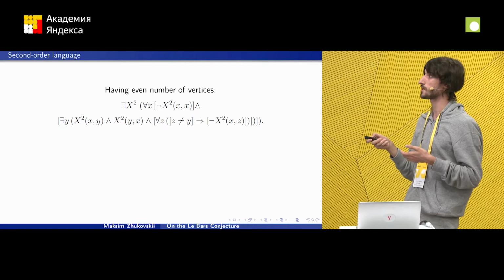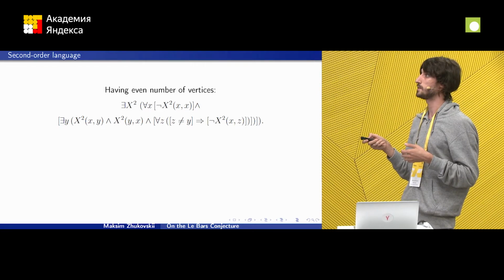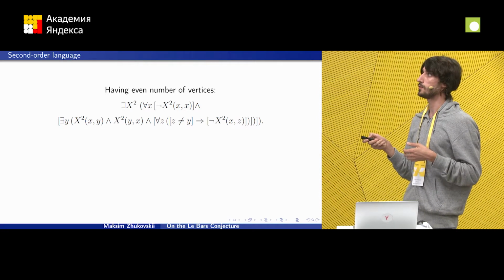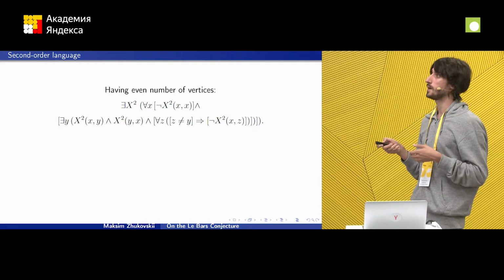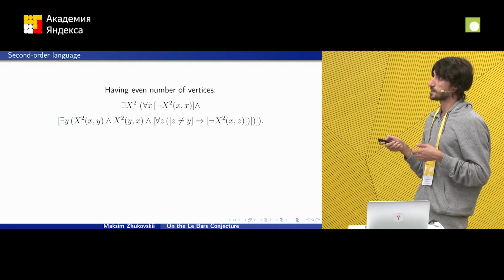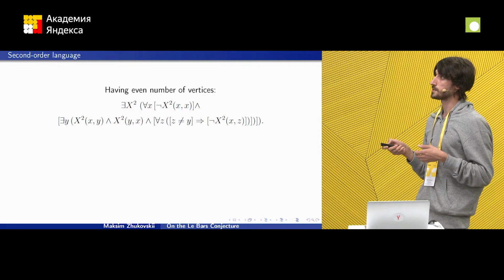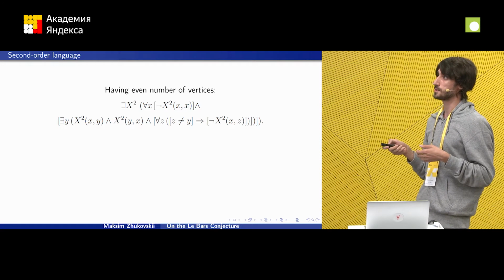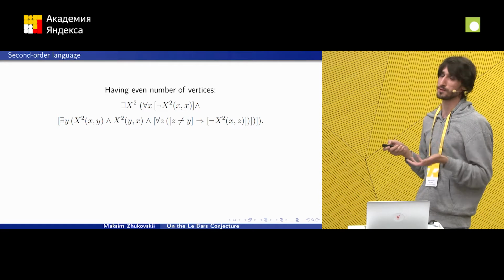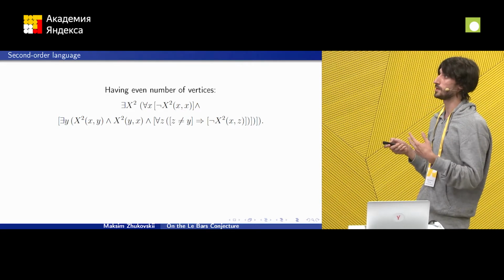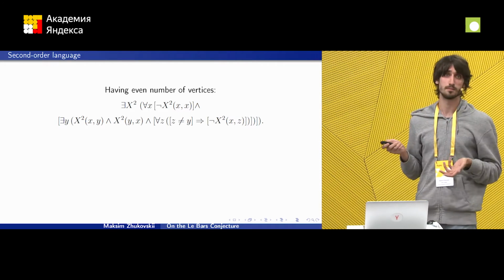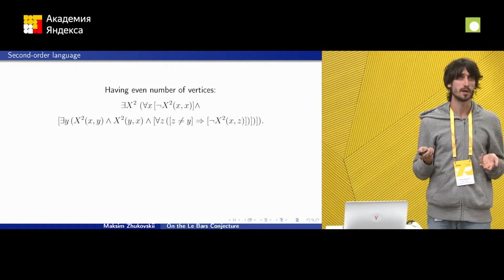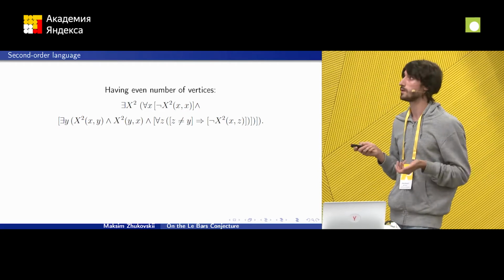So there exists such a function that it is 0 for all equal first and second arguments, and such that for every x there exists y such that this function equals 1, so it is true, and it is symmetric, and for every other z it is not true. So it means that we have an even number of vertices, exactly.